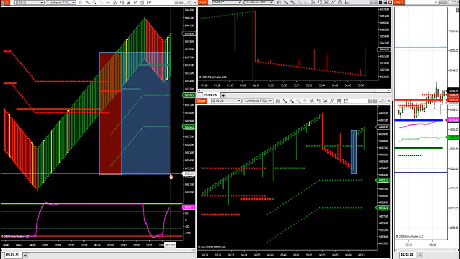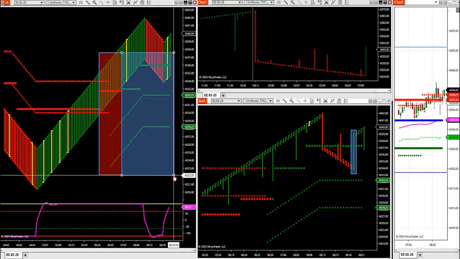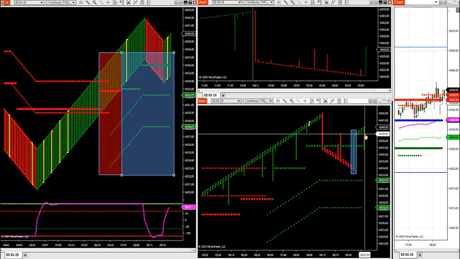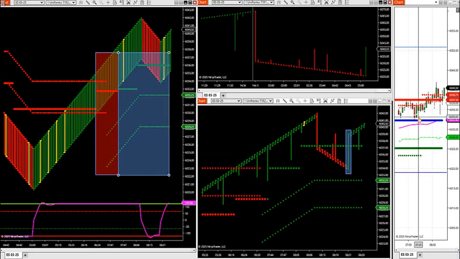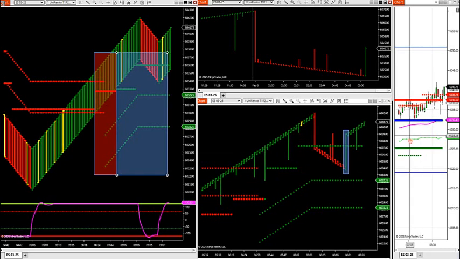So now we're back into trend. We're trending green, green. We have a distortion in price. We're going into a big gap. We're going to see if they can run this market.